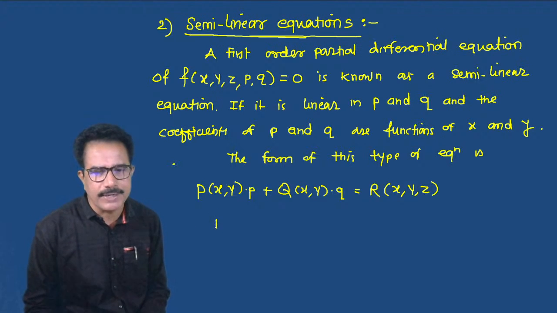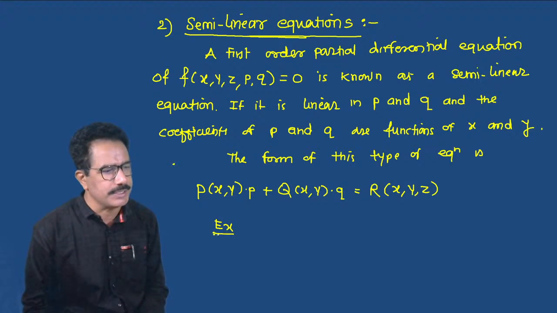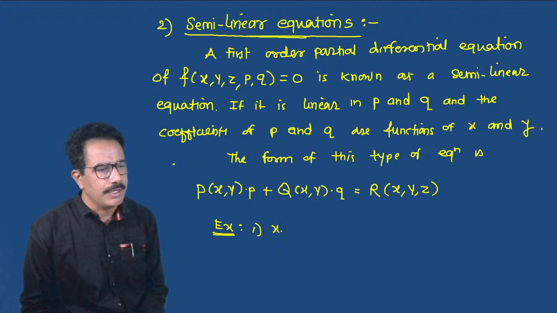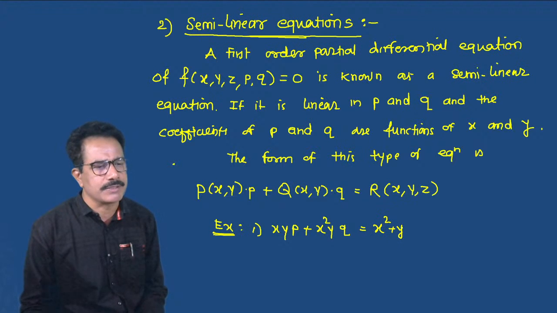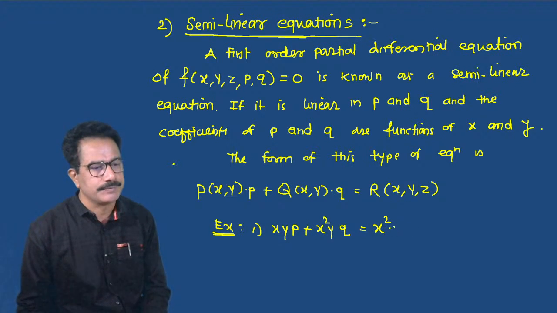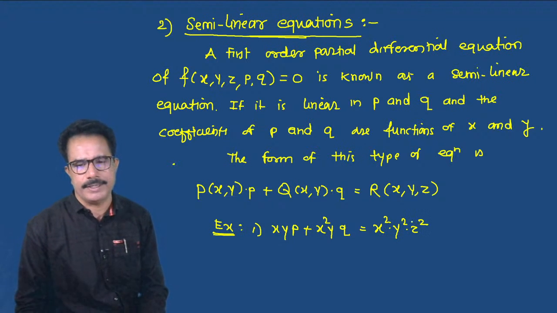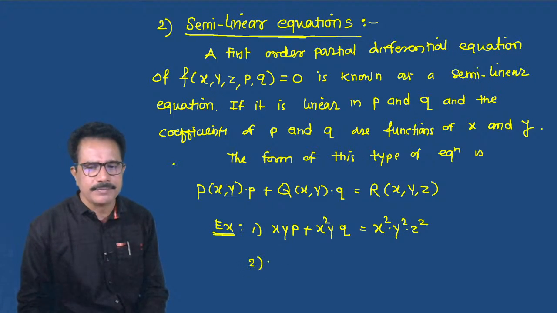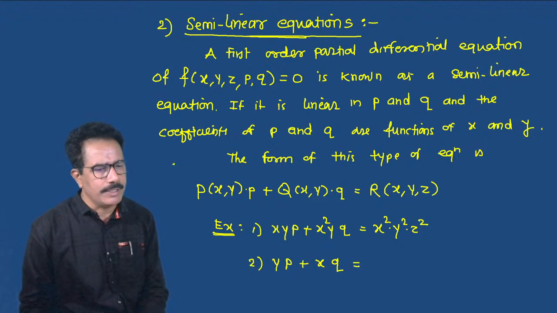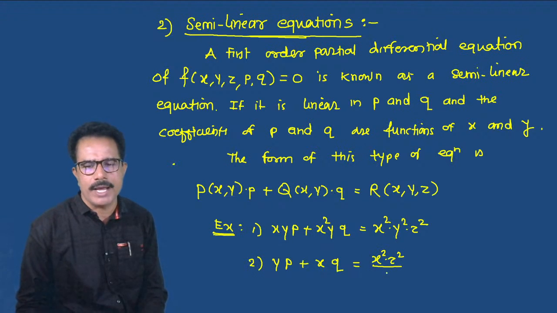You can write examples: first, xy into p plus x square y into q equals x square plus x square y square z square, or second example, y into p plus x into q equals x square z square divided by y square.